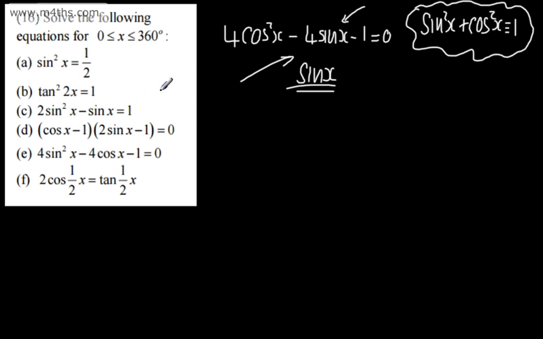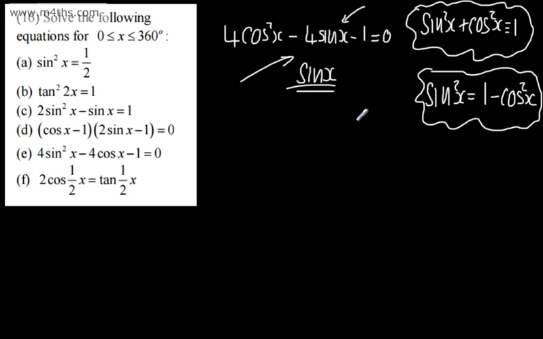So what I'm going to do is write this out, and if sine squared x plus cos squared x is equal to 1, we can say that sine squared x is going to be 1 minus cos squared x. And I'm going to be very, very clear in leaving this in my workings for the examiner to see. So this now is not relevant to what we're doing. This is very relevant.